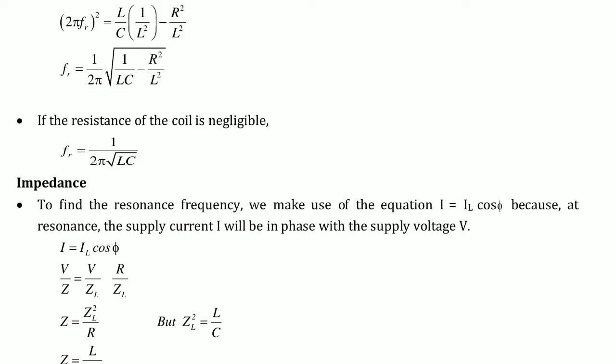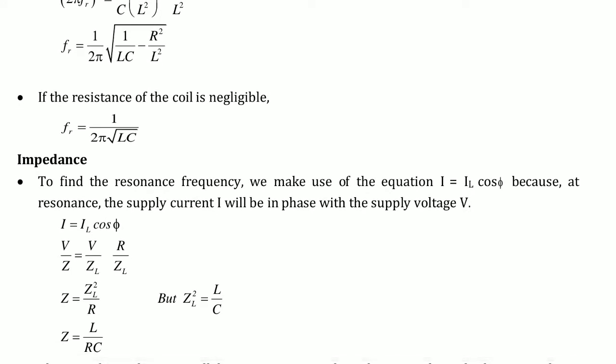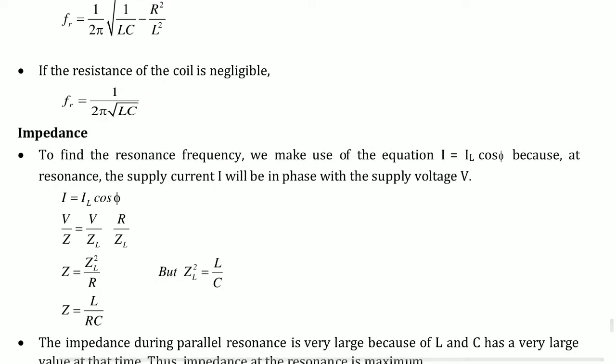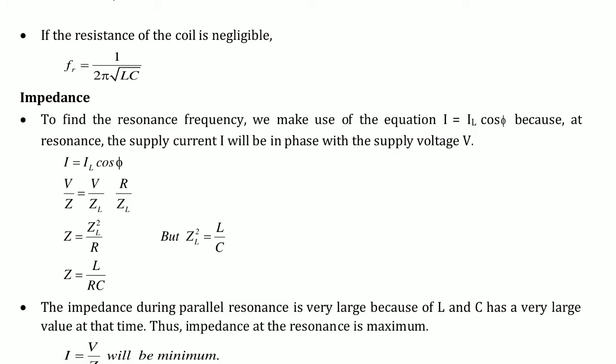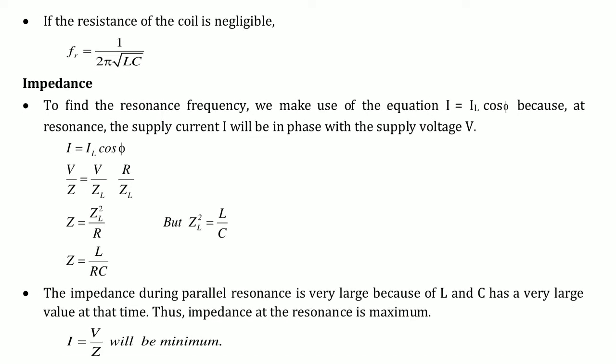Now substitute: the voltage V in the numerator and on the left and right will cancel, and ZL multiplied with ZL gives ZL square, so finally the impedance Z is ZL square by R. Here ZL square is equal to L by C, and ZL is equal to the square root of L by C. So substituting, we get Z is equal to L by RC.